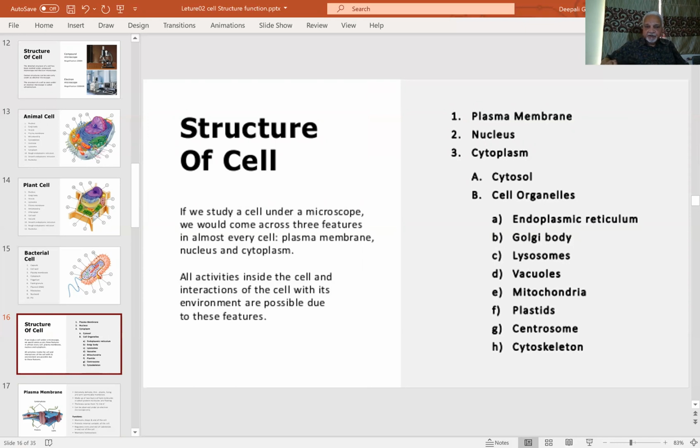Then you have cytoplasm, and in cytoplasm, you have cellular organelles like endoplasmic reticulum, Golgi complex, lysosomes, vacuoles, mitochondria, plastids, centrosome, and cytoskeleton. These are the organelles, and this is the typical eukaryotic cell organization.